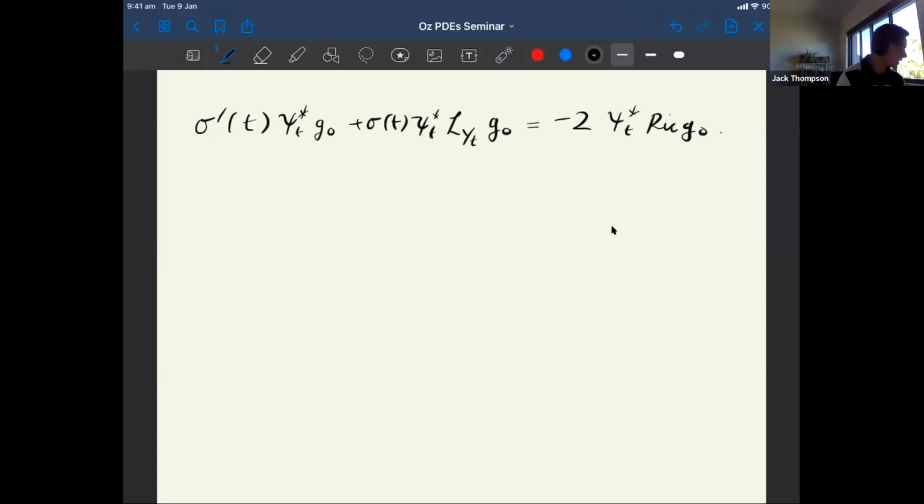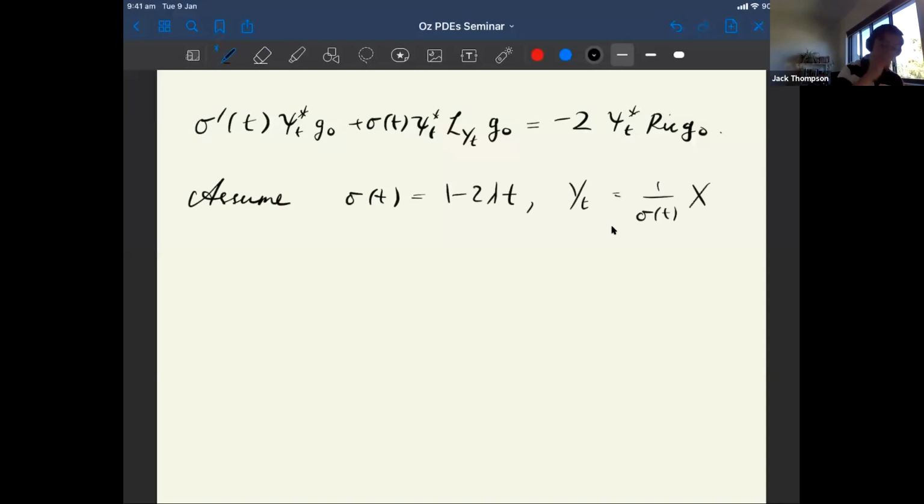Now, at this point here, if we assume further that our sigma has the following form, and if we also assume that our vector field Y of t is given by 1 on sigma of t times by X, where X is some fixed vector field on M, then what we actually find is that we get the following expression.